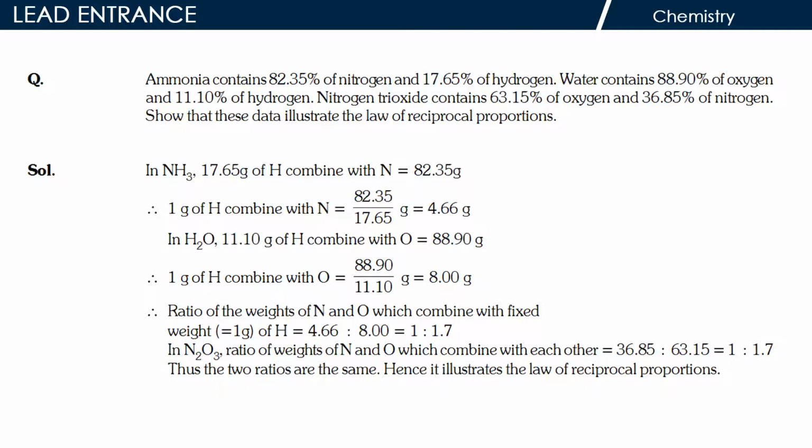In nitrogen trioxide, the ratio of weights of nitrogen and oxygen, which combined with each other, is equal to 36.85 : 63.15, which is equal to 1 : 1.7. Thus the two ratios are the same. Hence it illustrates the law of reciprocal proportions.